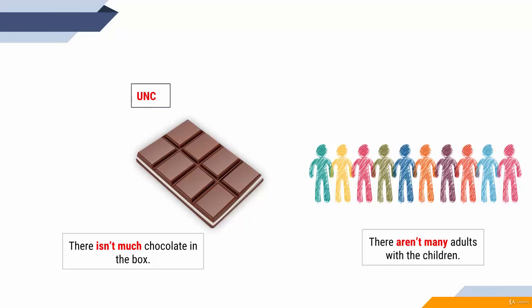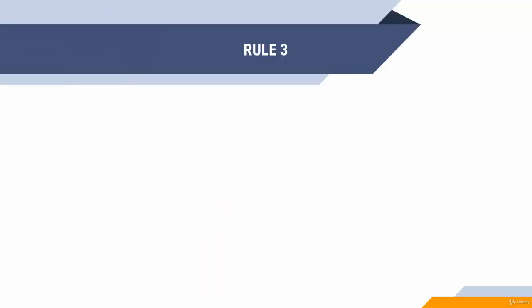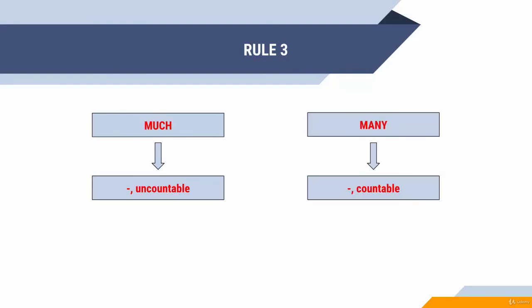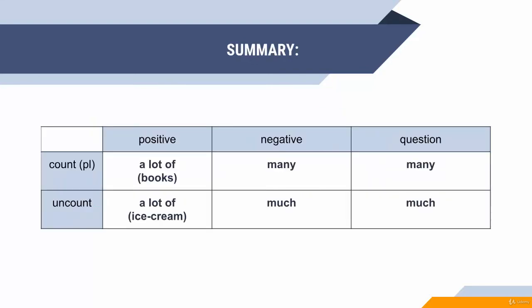When the noun is uncountable and the sentence is negative, you need much. When the noun is countable, adult, adults, and the sentence is negative, there aren't, you need many. Here it is as a rule: much, negative sentence, uncountable; many, negative sentence, countable nouns.